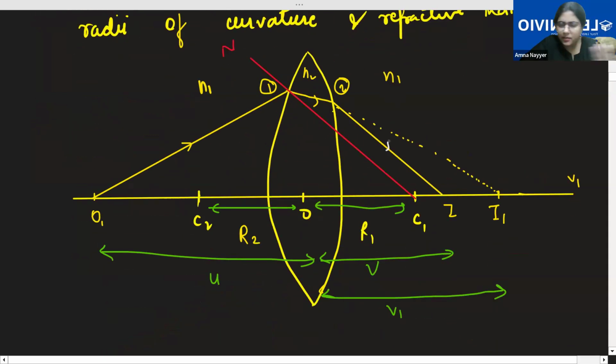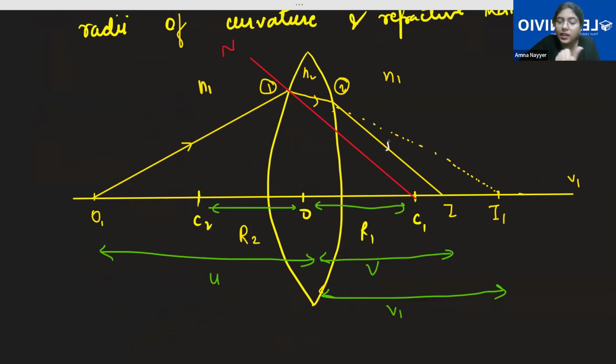Now see its derivation, it's fine. It involves spherical refracting surfaces, and a similar concept to the question that we just did, the numerical on the sunshine globe which we discussed, will be used here in the lens. See, here we are doubly refracting it, which actually occurs in reality.